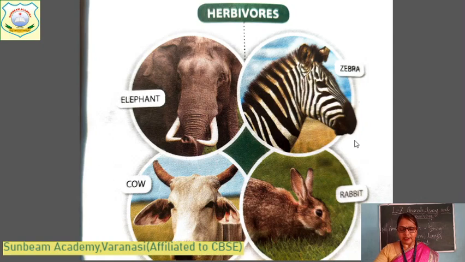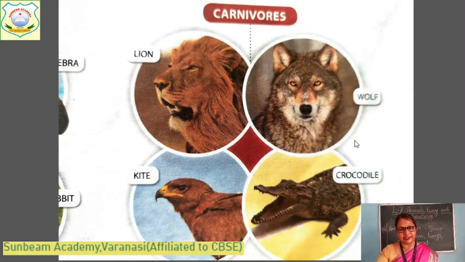According to the eating habits, they are divided into these groups. And what are carnivores? Animals which eat the flesh of other animals are called carnivores. The lion, wolf, kite, and crocodile have special features, special adaptations. They have very sharp teeth and strong claws.